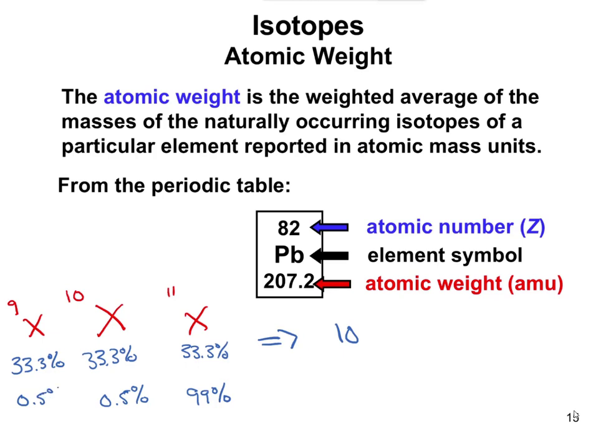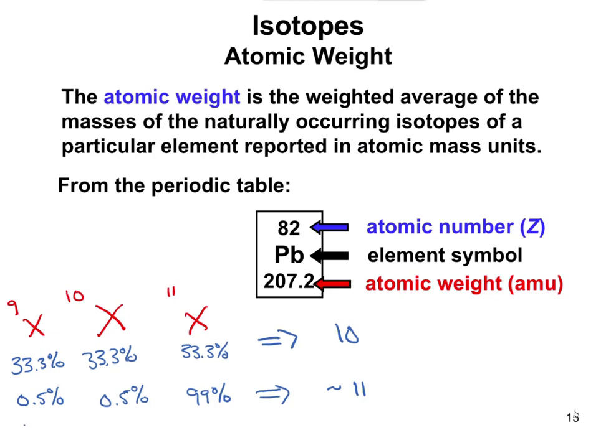So in this situation, pretty much all of the X that exists in the world is going to weigh 11 atomic mass units. In this case, the overall weighted average is going to be really close to 11, so I'm just going to say approximately 11. It would probably be like 10.99 or something like that, but you get the idea. Because almost all of it is 11, it's going to weigh 11.